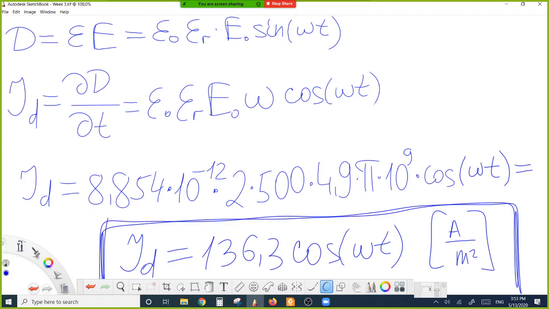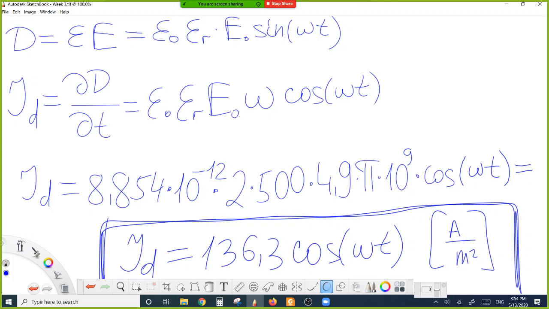Well, this is the displacement current density inside the dielectric slab, which is placed in the microwave oven. You can see that it is not so big a number.